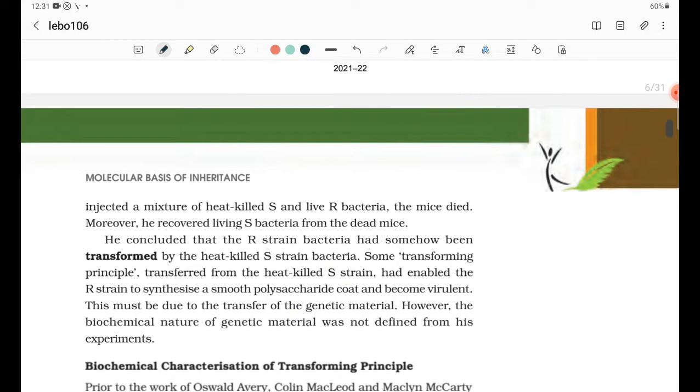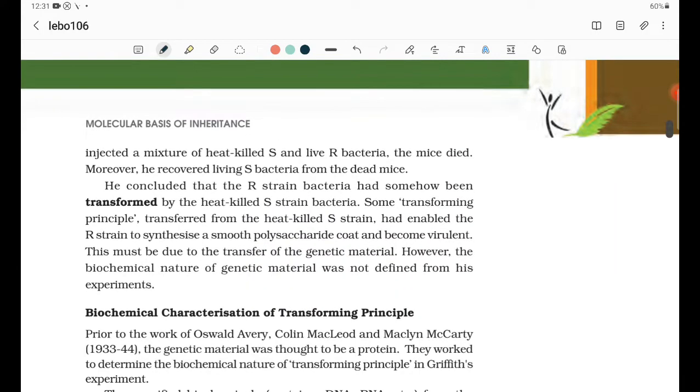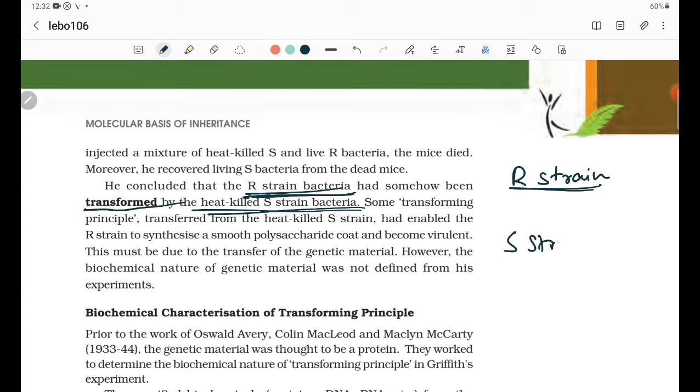This was the observation. So what did he conclude? That something has transformed. The R strain bacteria have been transformed somehow by the heat killed S strain bacteria. R strain bacteria were non-virulent. S strain heat killed were non-virulent.